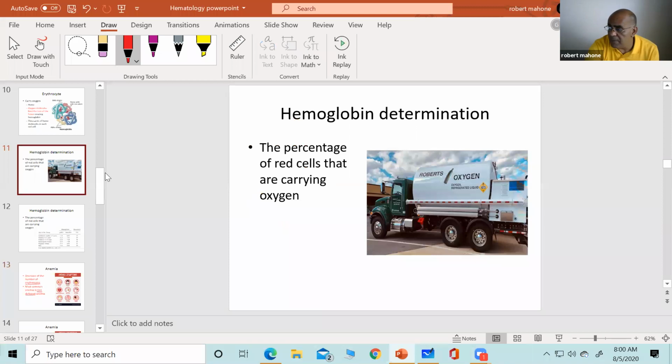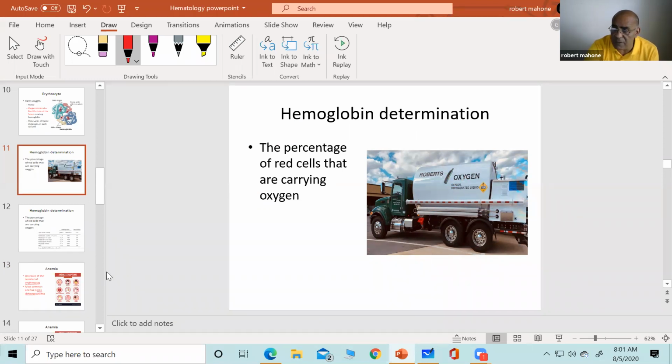Think of it this way. This truck, this big white section right there, that's iron. If that section isn't there, the truck is useless because it can't carry oxygen. So you've got a bunch of trucks that don't have this tank on them. They're useless to you.